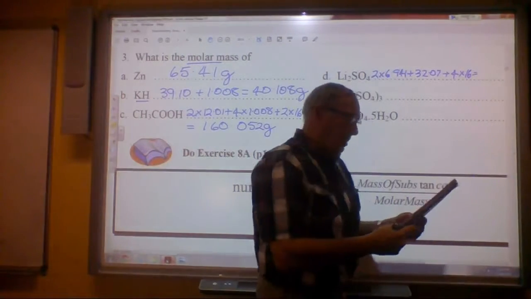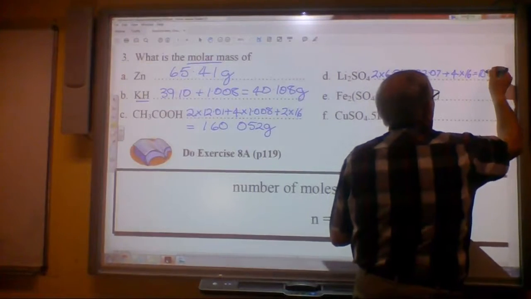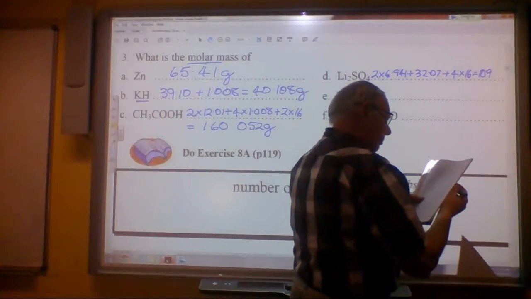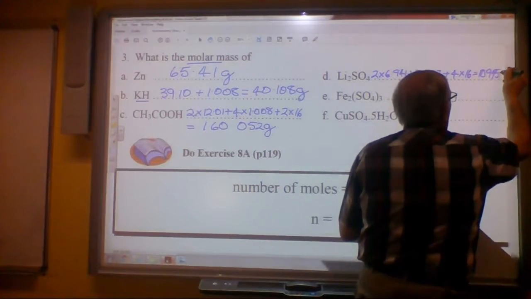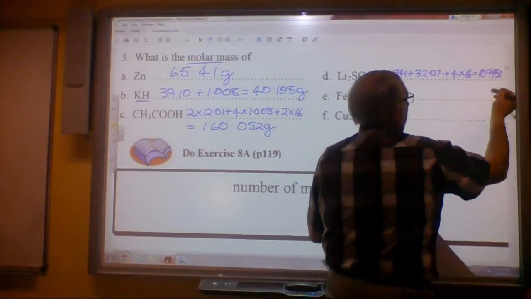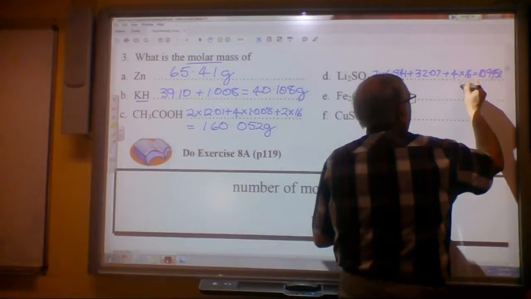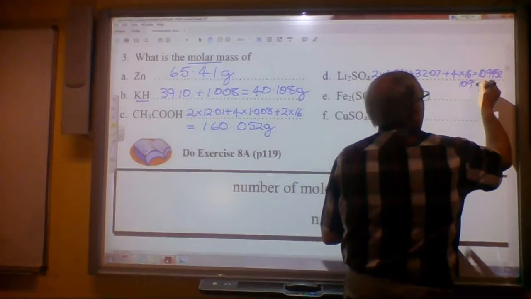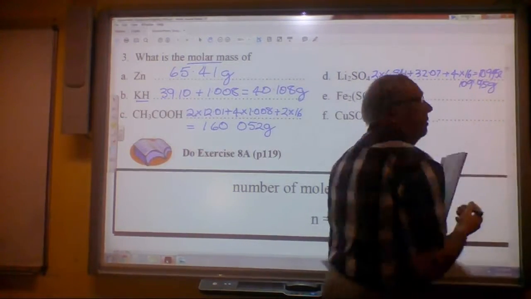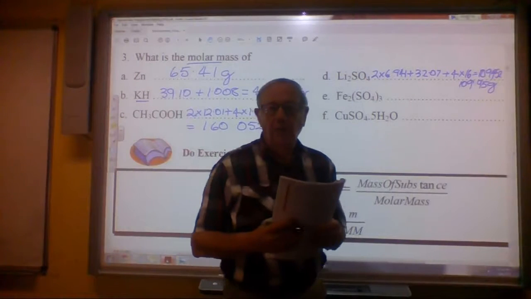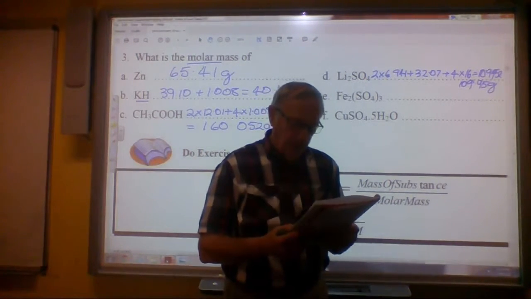We do the maths there, and we get a figure of 109.952. Now, we've got too many significant figures there, so we could round that down to 109.95. And again, we must put in the correct units, which is grams. We have a look at the next one, which is iron sulfate.